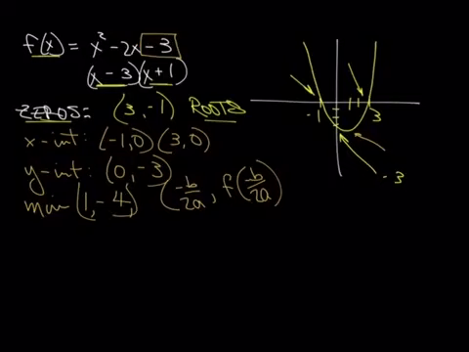So if you took and put your coefficients here, 1, negative 2, negative 3 in here, let's see what we get.